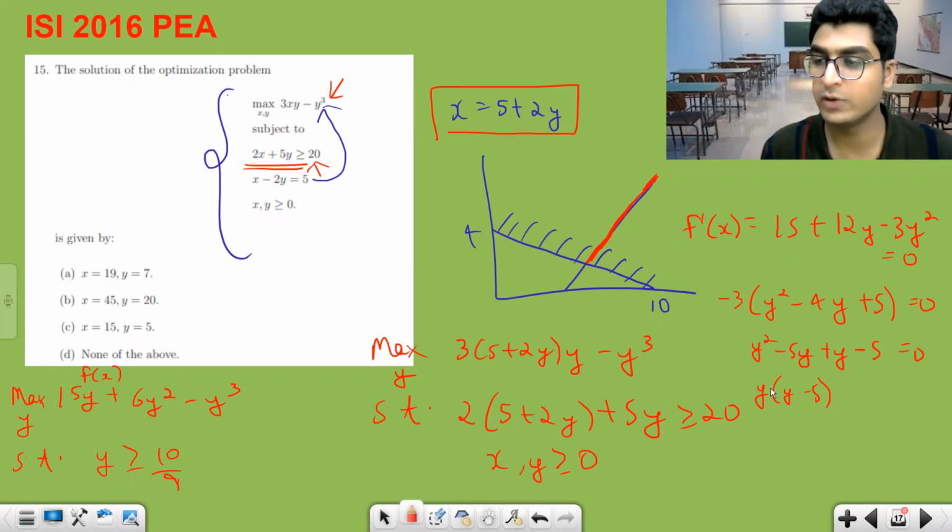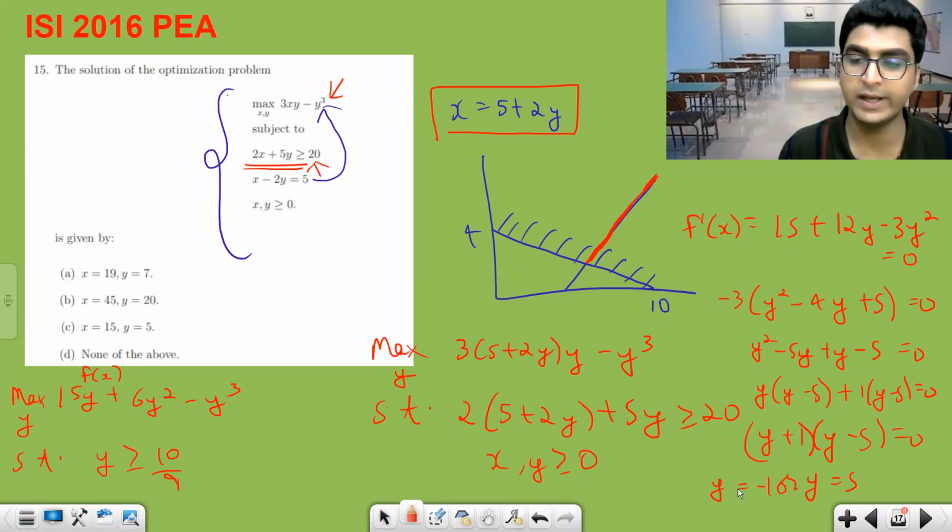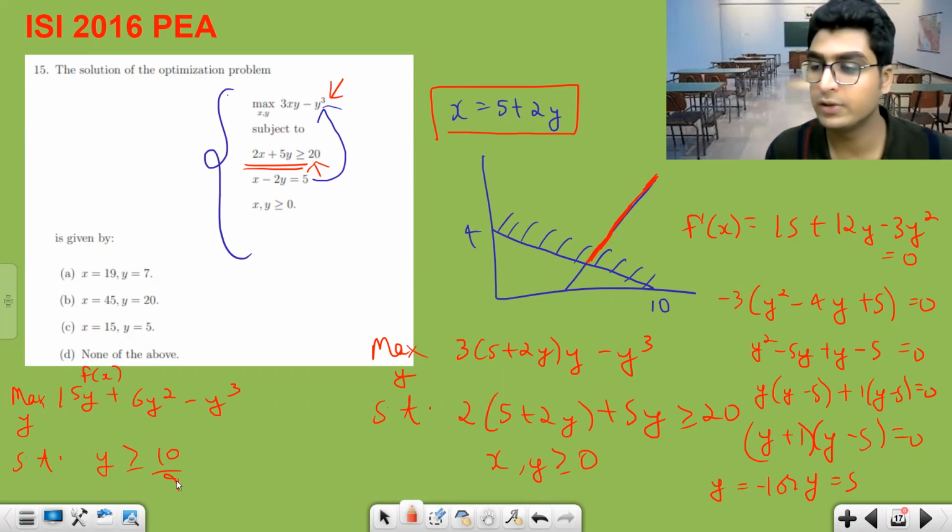So I will get y minus 5 times y plus 1 equal to 0. So y is equal to minus 1 and y is equal to 5. The constraint we have is that y should be more than or equal to 10 by 9, so I should consider only this point.